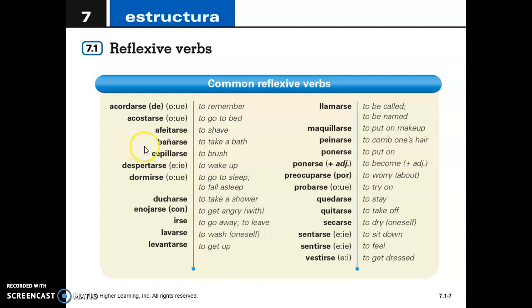However, you have to keep in mind that all of these verbs end either in AR or IR, or for example over here ER. So those verbs are going to keep the same ending. The only difference is that we are going to add the pronoun in front.